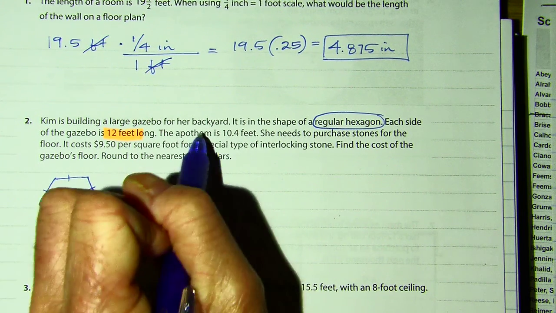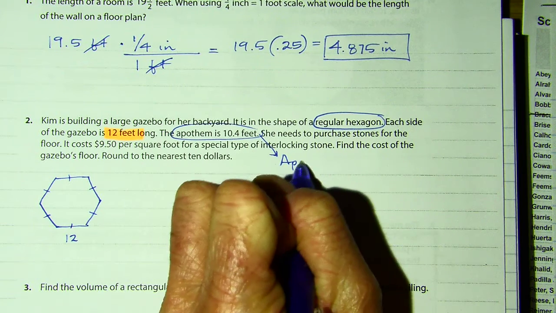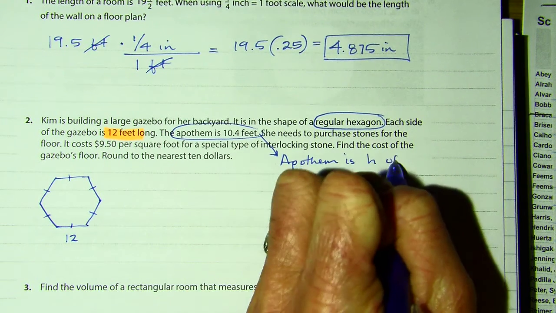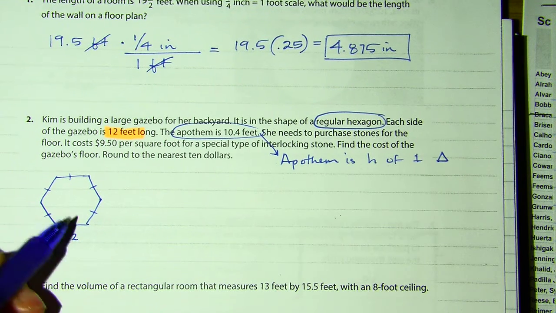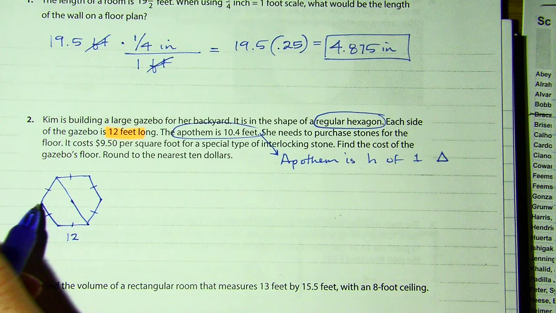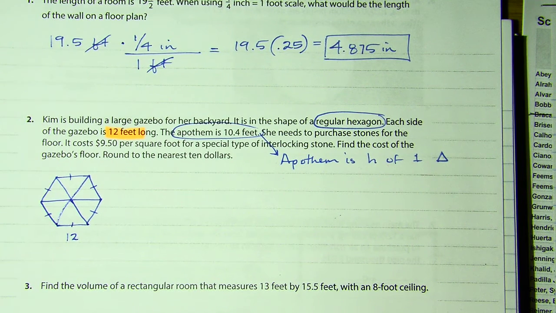The apothem is the height of one triangle. So a hexagon, which has 6 sides, can be divided up into 6 triangles.